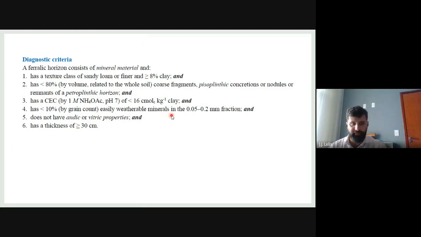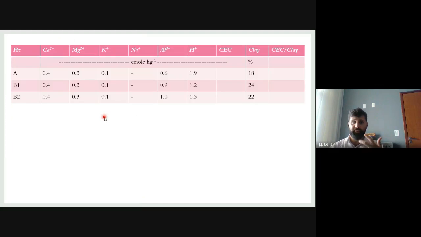Let's see this. For example, we have this case of a soil with an A horizon, and B1 and B2 horizons. And here we have the content of calcium, magnesium, potassium.